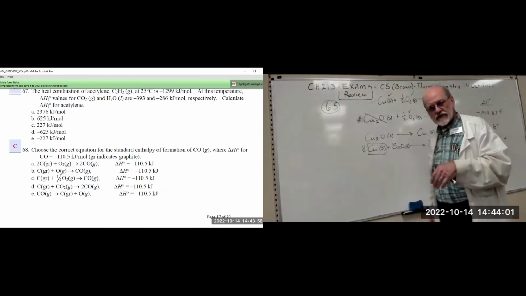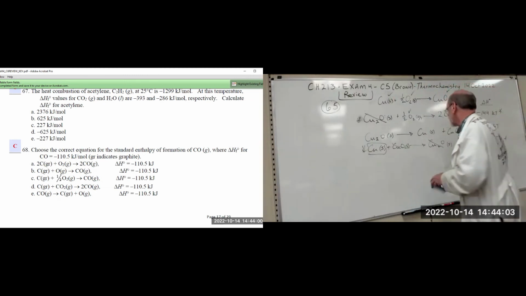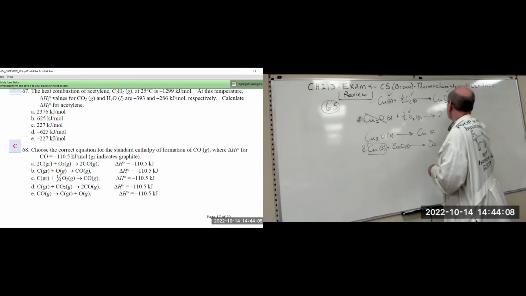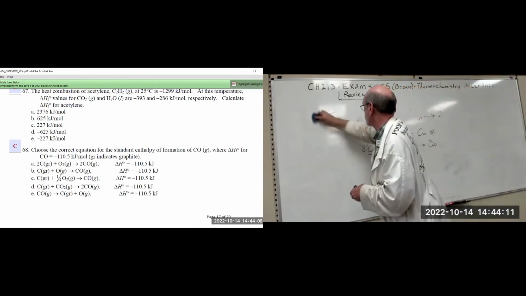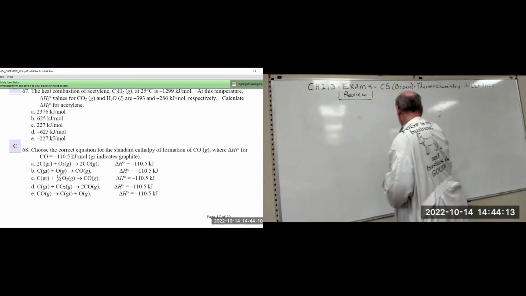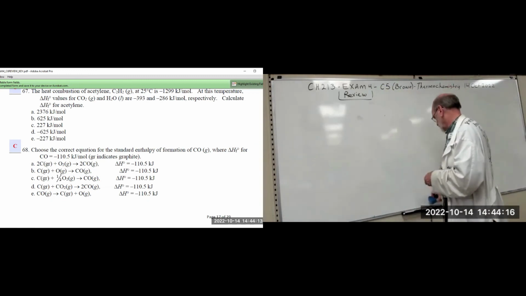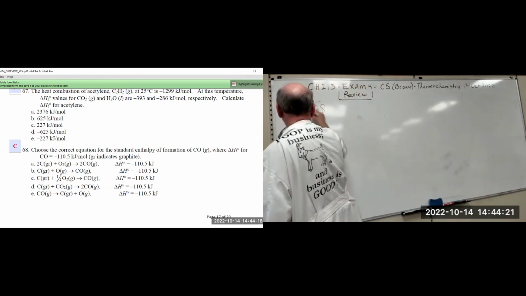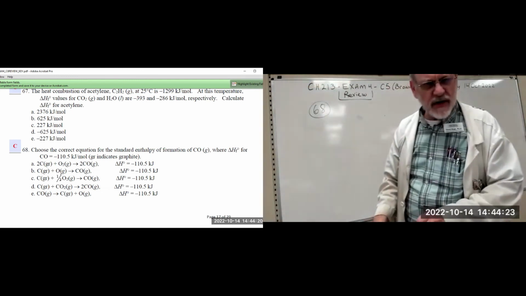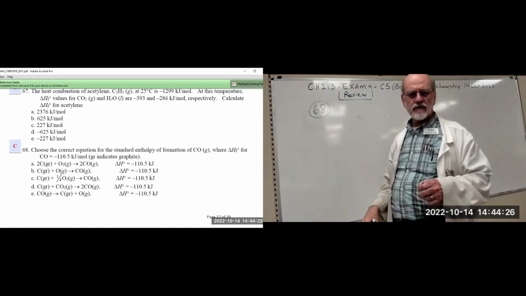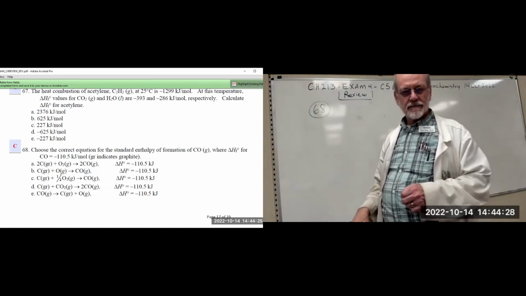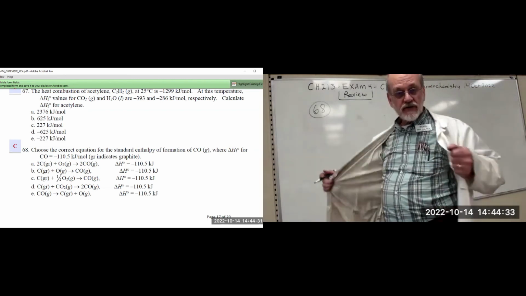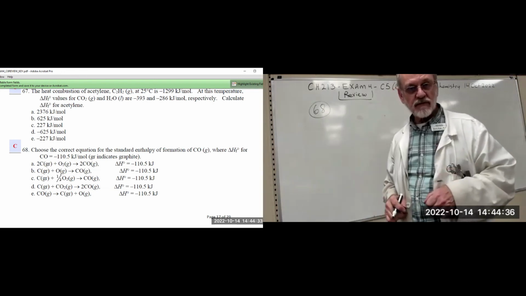Okay. That was a hard one. Let's do an easy one. How about 68? Choose the correct equation for the standard enthalpy of formation for carbon monoxide, where the heat of formation is given as minus 110.5.